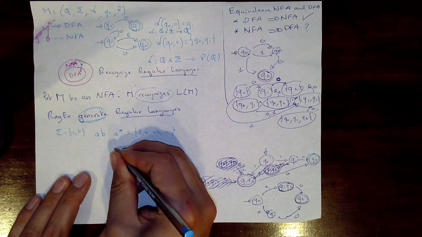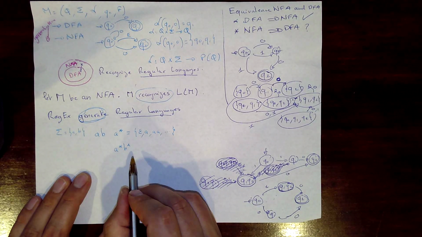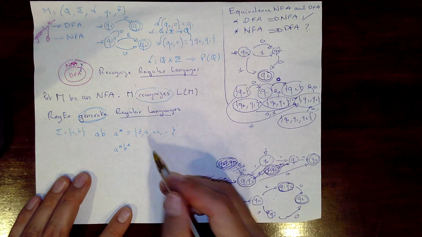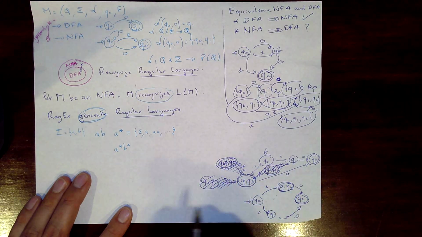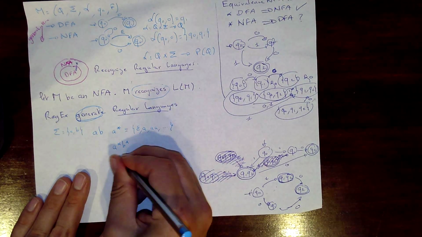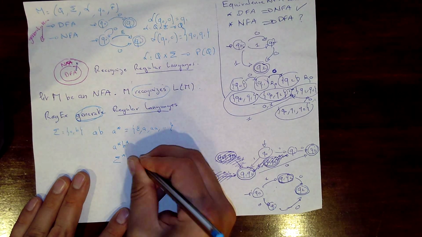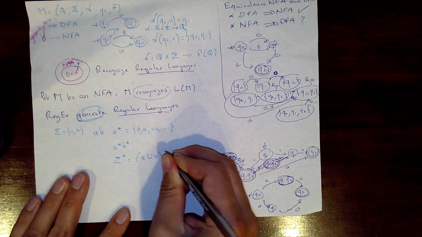You can also define A star, B star, any number of A from 0 to infinity, there's no limit, and then any number of B. Star doesn't specify the number. Sigma star is basically equal to A union B star, okay?